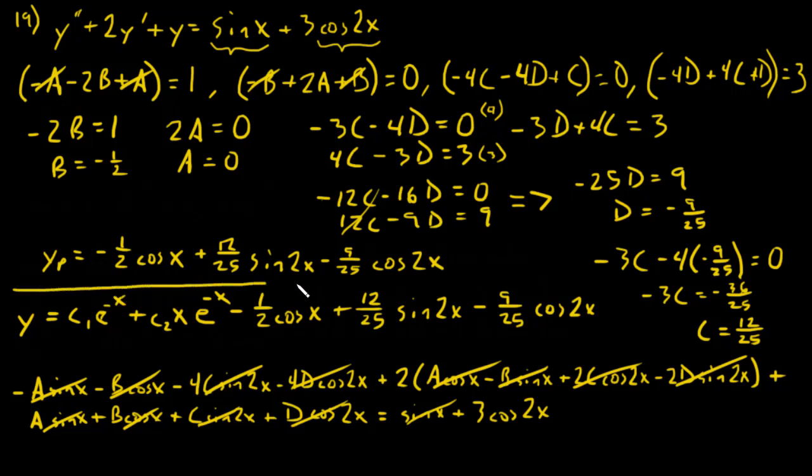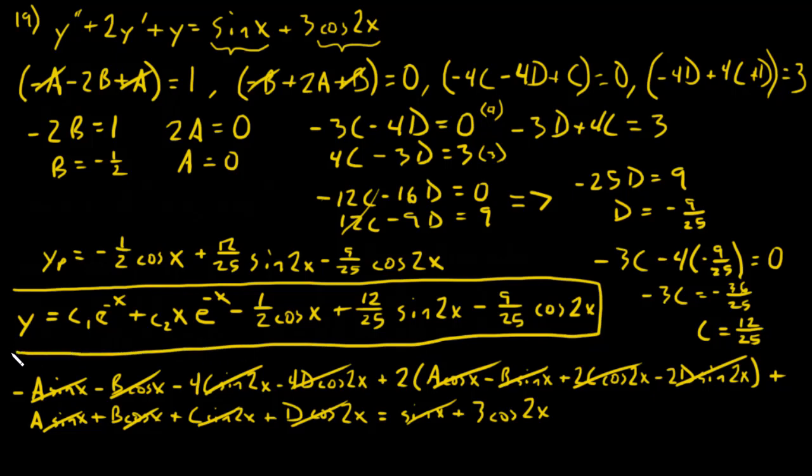And there you have it, right there. That's our solution. And it looks like a lot, because it was a lot. Those sines and cosines were driving me crazy. So hopefully that one, not too bad.